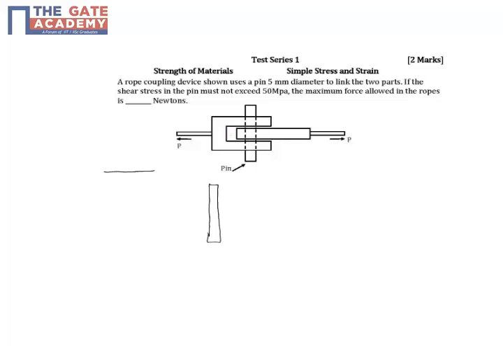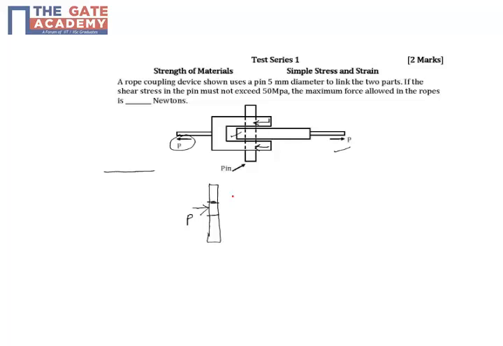Now this center part of the pin exerts a force. This P is getting applied by the right end of the rope on this section. This section of the pin supports the entire load P, whereas the left P is getting exerted on the pin at two places.